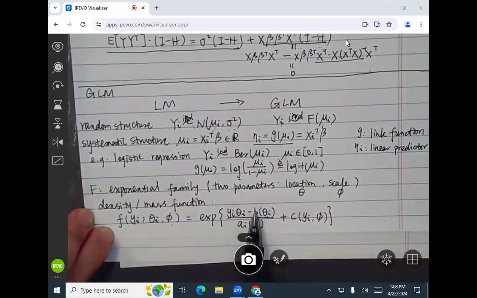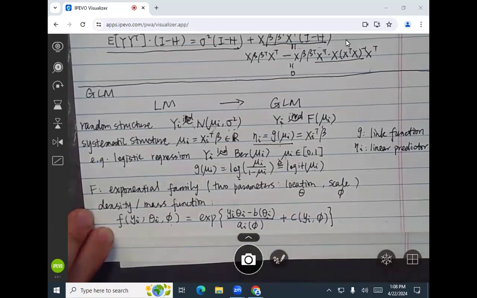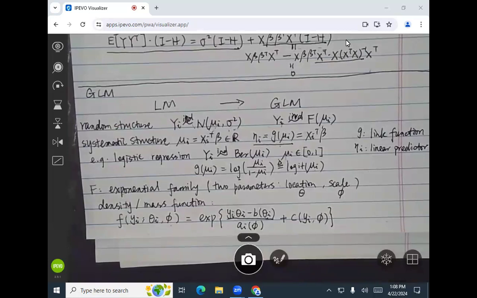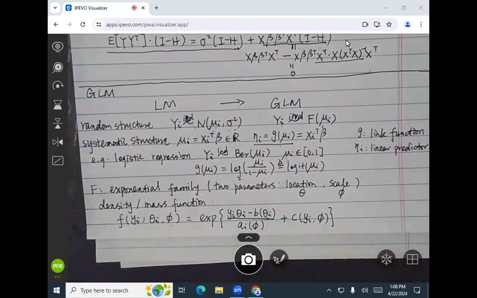By unification, b can take specific forms, a_i can take specific forms, so that the common distributions all fit to this form. Essentially, there are three functions, b, a_i, and c. They're all known functions for a specific distribution, like Gaussian or Poisson. You can specifically write out the corresponding forms of a_i, b, and c, but we're just writing it in general in this case.